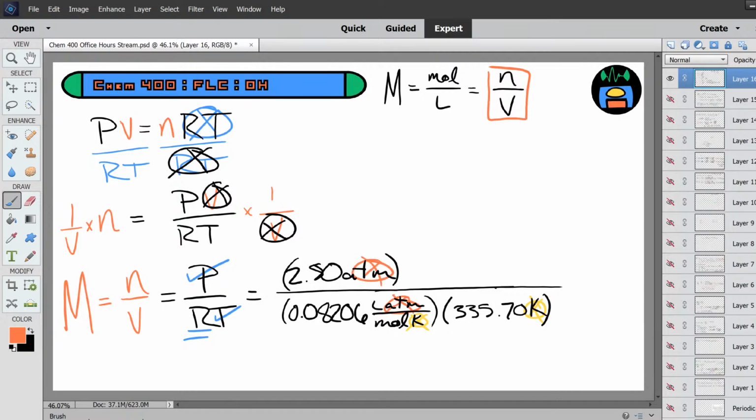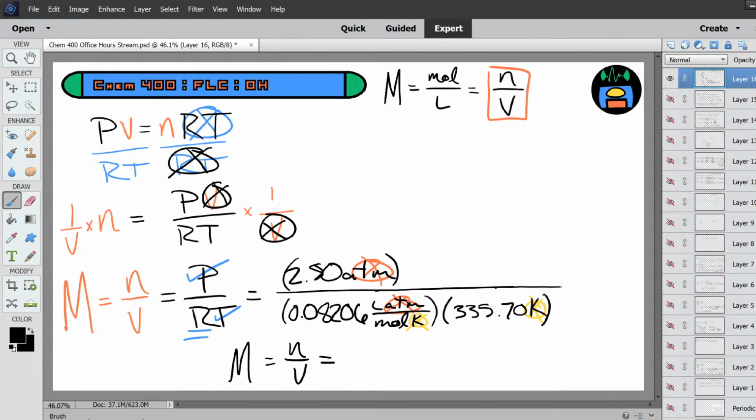Crunch your numbers. 2.80 divided by 0.08206 divided by 335.7. So my molarity, moles over volume, right?